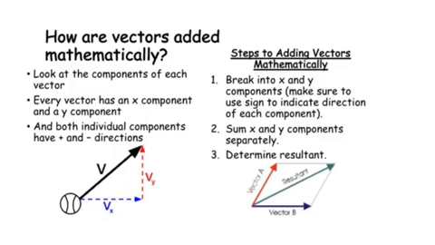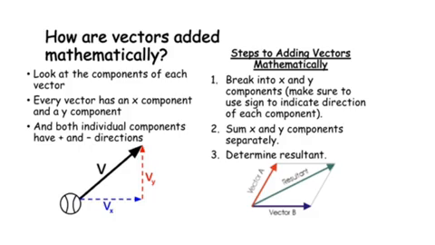If you want to mathematically add your vectors, you have to look at the components of each vector. What I mean by that is you've got to look at your y direction and the x. So this right here is made up of y and x values, and we need to find those. Also understand that both of these have positive and negative signs.